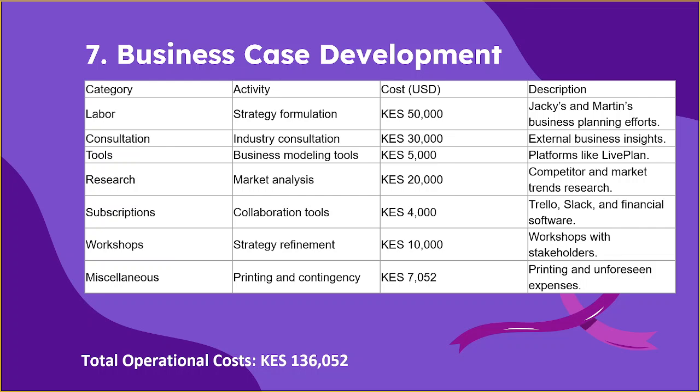This is online tools. We have a platform called LifePlan. We can work with that, but it's for business modeling so that we can build a business case and model it visually. Research market analysis, we need to do that. That we will do ourselves, but it doesn't cost. It's just our labor, our time. Then we have our subscriptions, collaboration tools, of course.